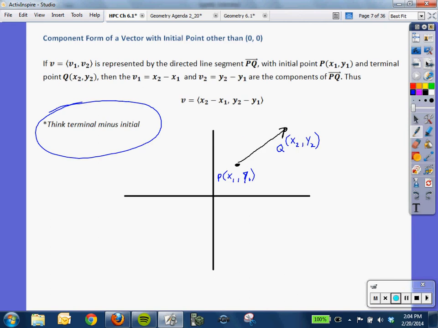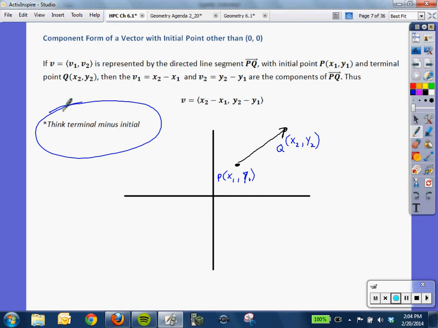Next one. Okay. So we can have a vector that doesn't have its initial point at 0, 0. If your vector is not at 0, 0, the way that you would find the component form of the vector is by subtracting the 2 x values from each other and subtracting the 2 y values from each other.